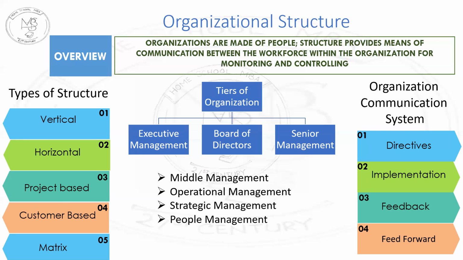Then we have the organizational communication system within the organization, that is, how the instructions, rules, regulations, and directives are passed on right up to the level of people management. In this, the directives are issued by the executive management for implementation of the policies that they have set.